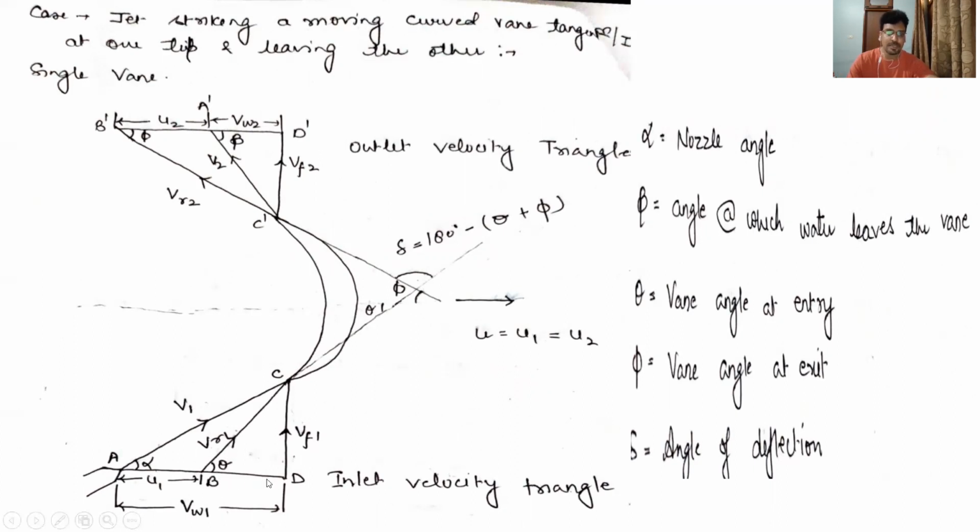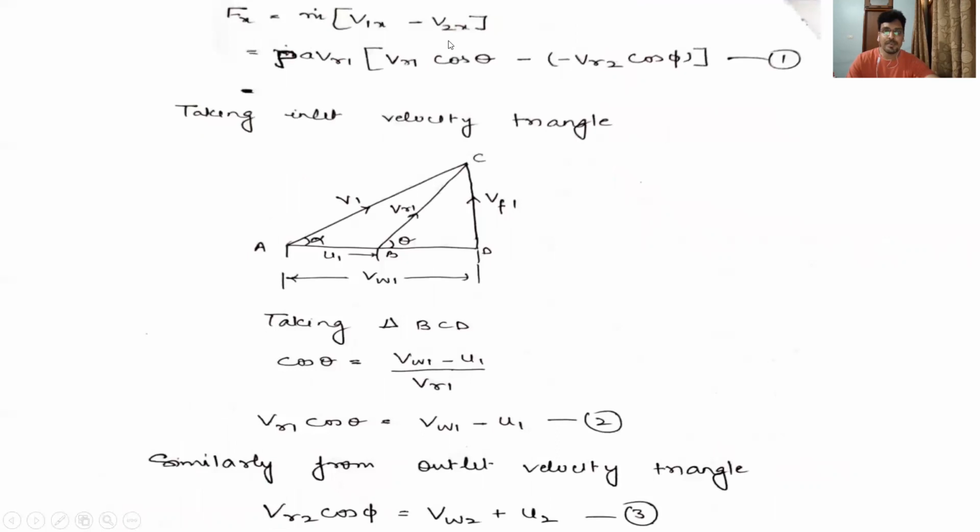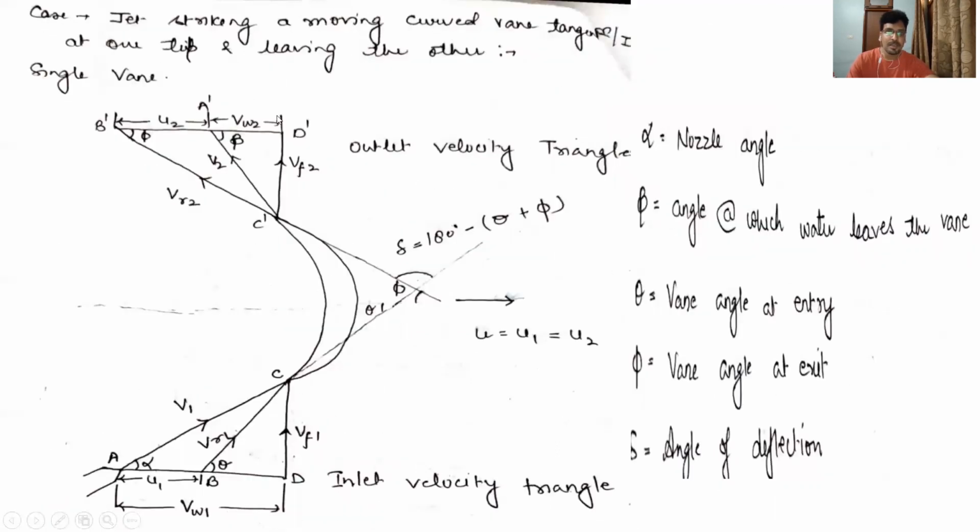Vr1 cos theta is this value, VW1, and minus V2x. V2x is the cos component of VW2, that is Vr2 cos phi, in this direction.